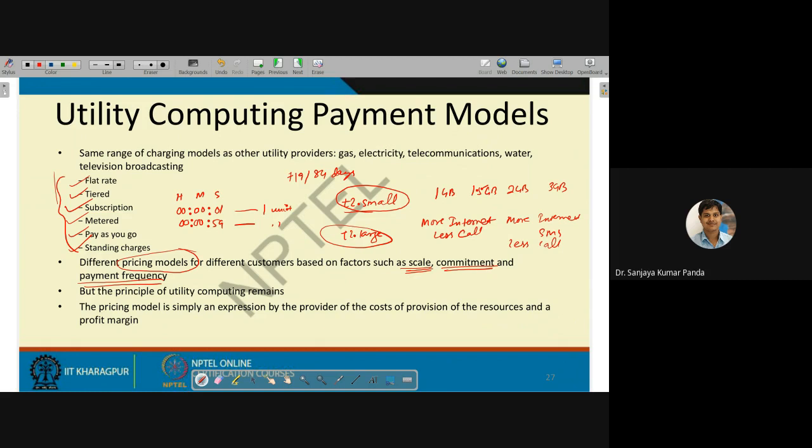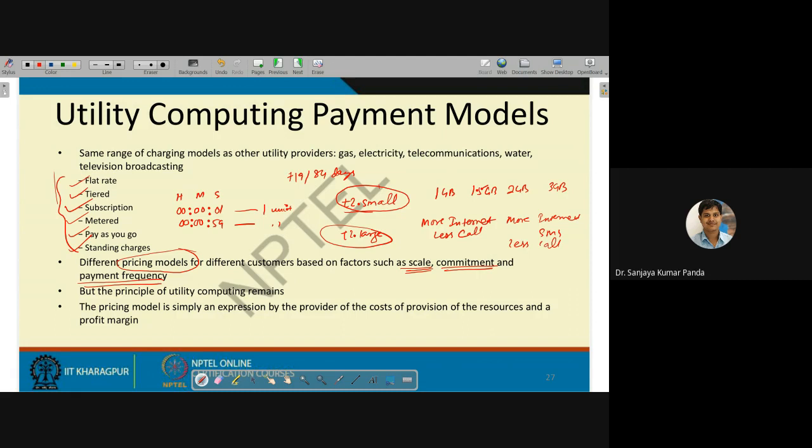The pricing model is simply an expression by the provider of the cost of provision of the resources and a profit margin. So definitely somebody is providing the resources, which means there is a profit margin. For owning those particular resources, they have to see how much cost they incurred for that particular instance.